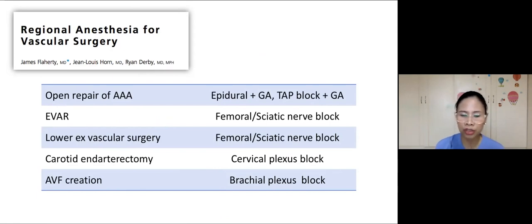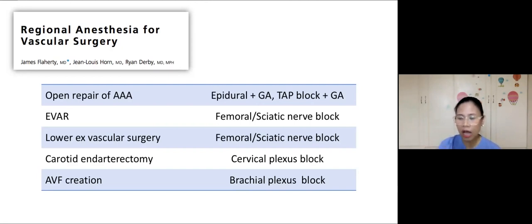So either you just give an IV sedative, or surgeons would just give local infiltration of lidocaine. But there are studies saying that many times the AVF would be unsuccessful. The fistula, it would sometimes be difficult looking for vessels that would be patent for fistula creation.